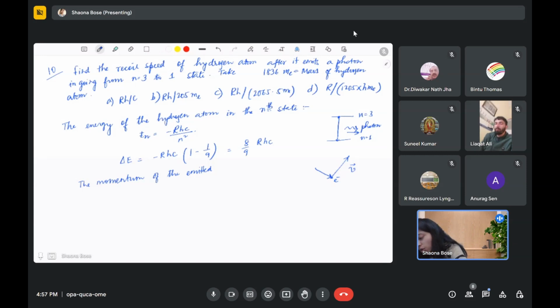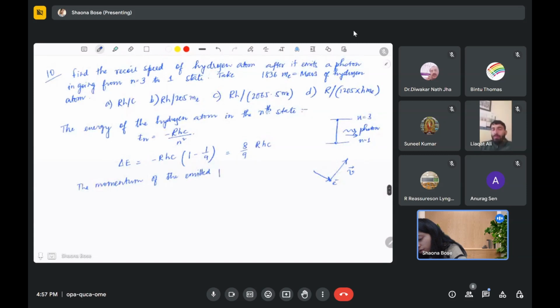So the momentum of the emitted photon will be P is equal to del E by C, so that is just 8 by 9 RH. V over here is the recoil velocity.